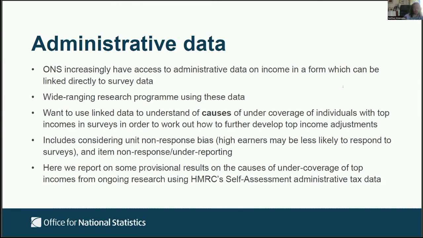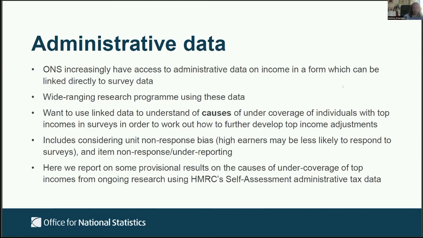As Dom mentioned, the literature suggests there are a few different things that could be causing this undercoverage at top incomes. There's unit non-response bias, so perhaps high earners aren't responding to surveys. Or perhaps there's item non-response, so individuals are responding to surveys, but we're missing some components of their income.